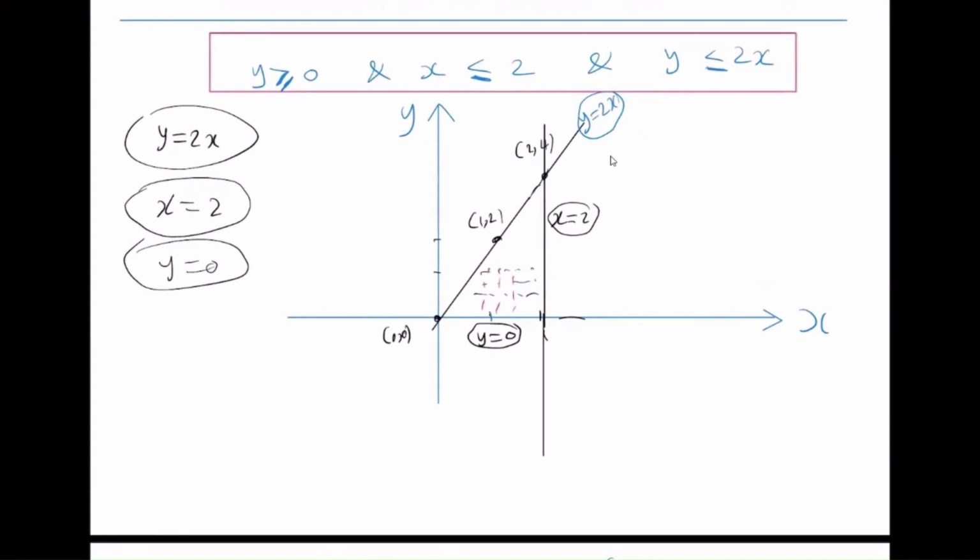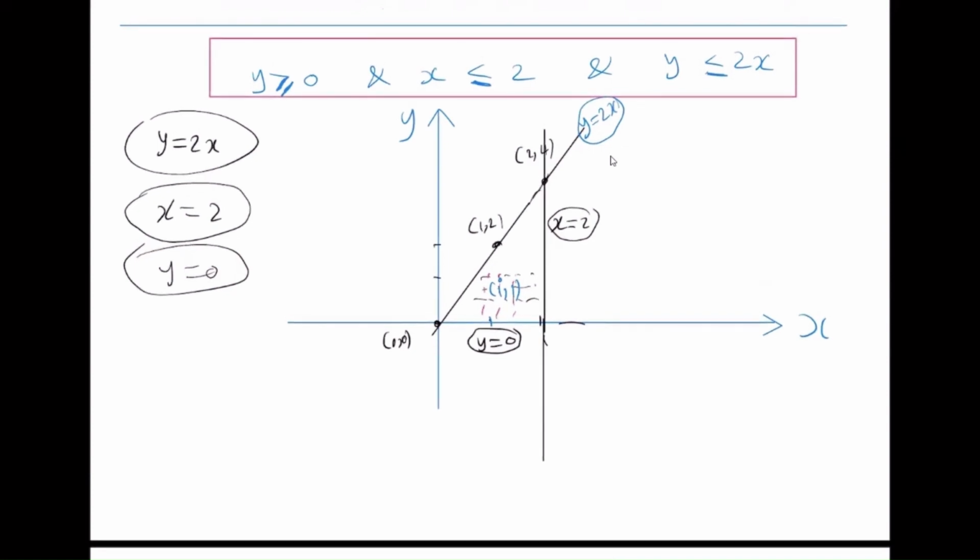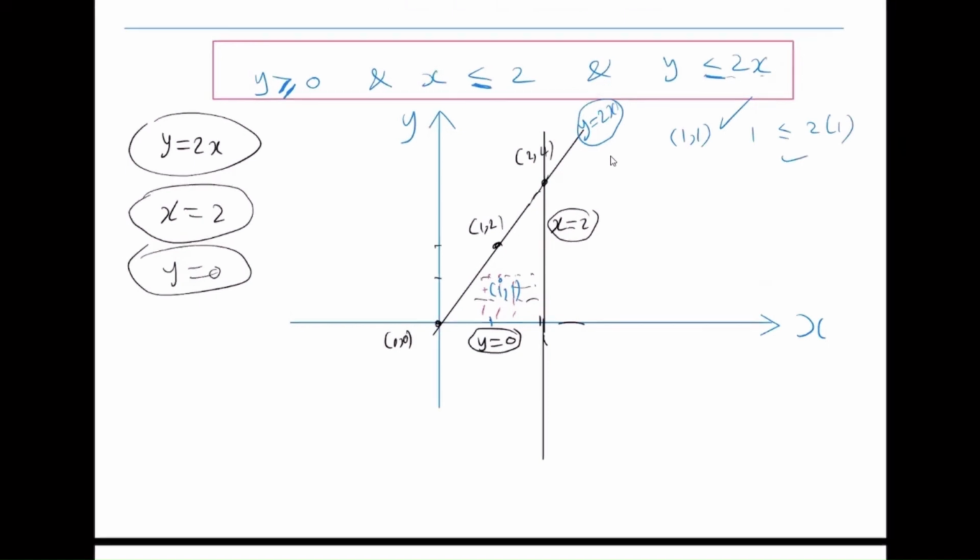This is x equals 1, and here is y, 1 and 1. Is the y less than 2x? Yes. y is 1 and 2x is 2. Yes, 1 and 1 make this true, because 1 is less than 2 times 1. Right. So we need y less than 2x, so we need the points below this line.